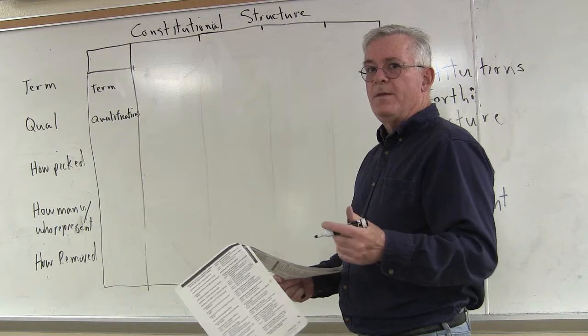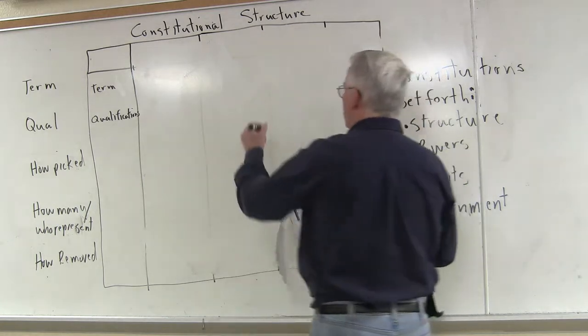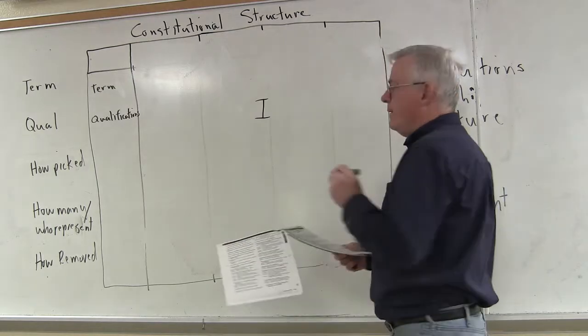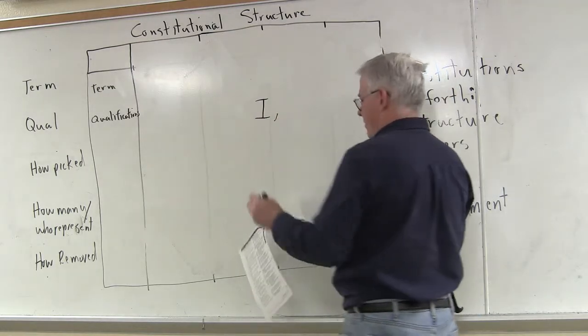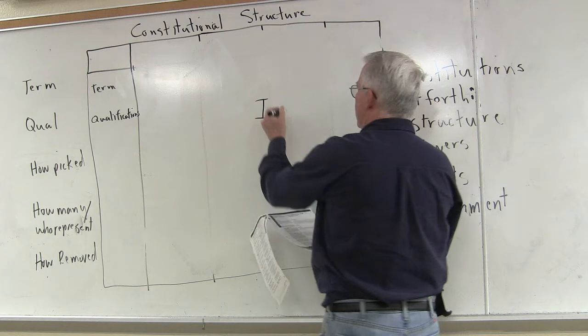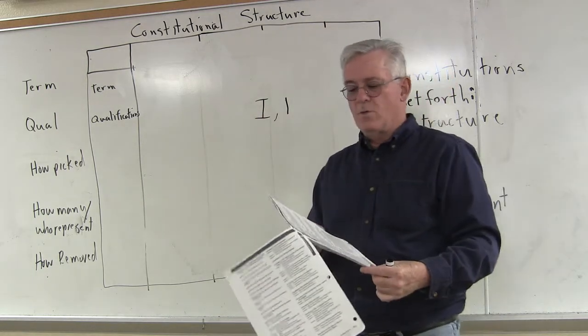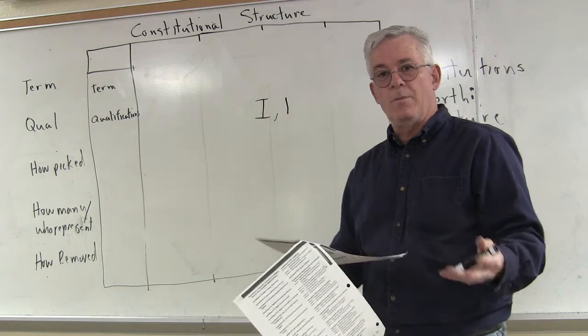So, Roman numeral 1 is Article 1. Then there will be a comma. The second thing will be a section. In Article 1, Section 1, there are no paragraphs, so that would be it.